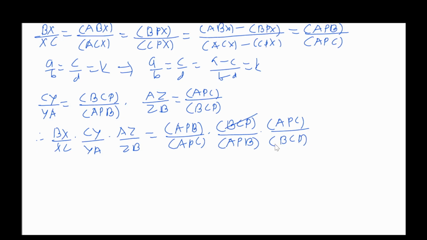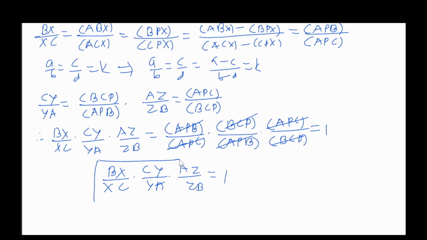So this BCP and this BCP will get cancelled, this APB will get cancelled, this APC and this APC will get cancelled, and it is equal to 1. And hence, the product of the ratios BX upon XC into CY upon YA into AZ upon ZB is equal to 1. This is known as Ceva's theorem.